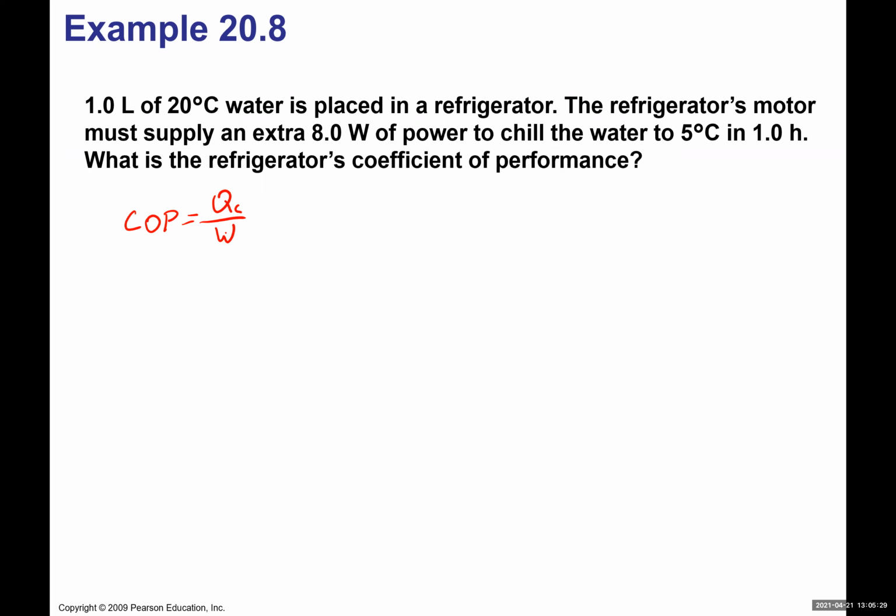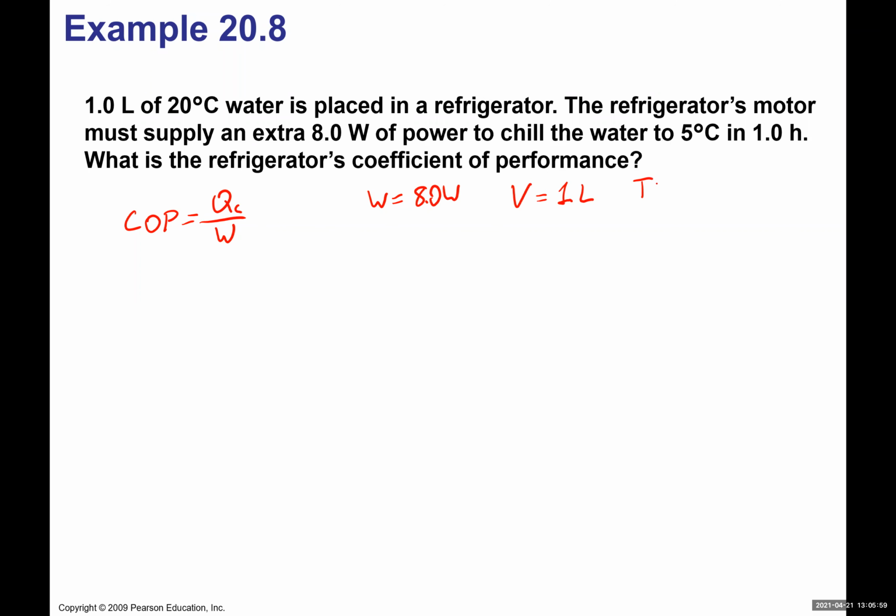Now we are given the work done, which is 8 watts. But we don't have QC yet. But we are given the volume, which is 1 liter. And we're given the temperatures, 20 degrees Celsius initially, then 5 degrees Celsius.